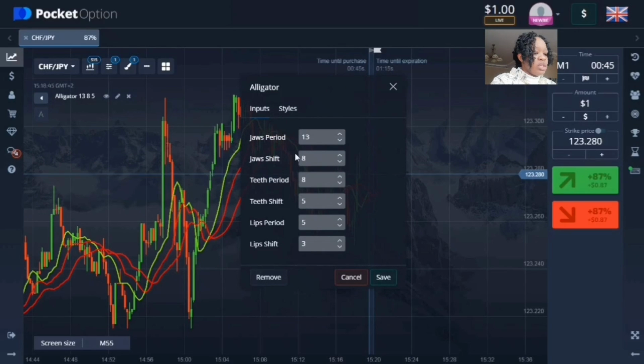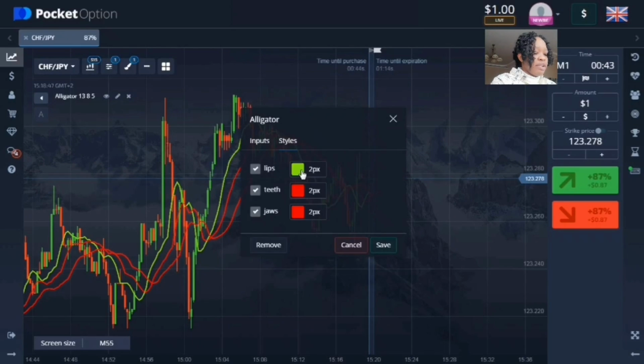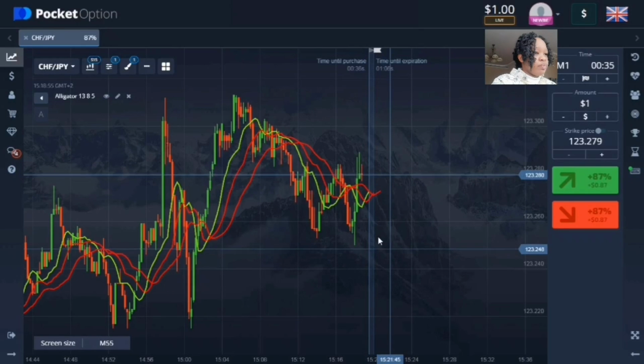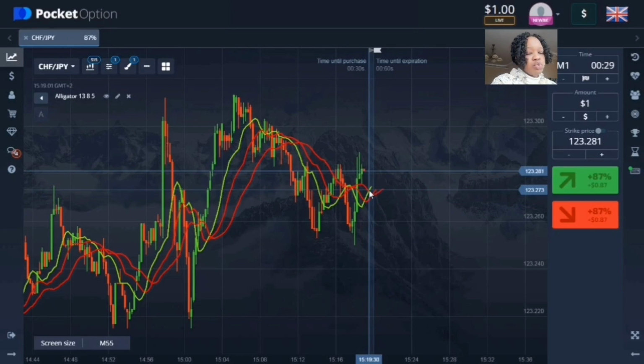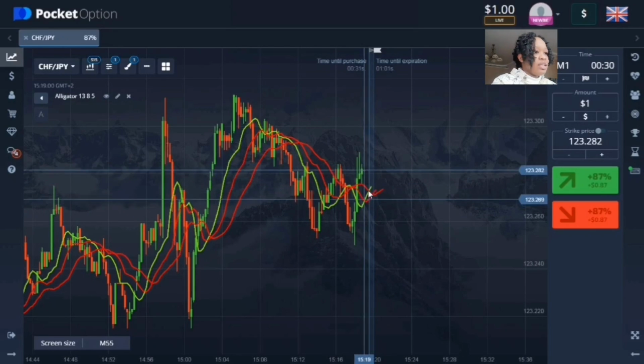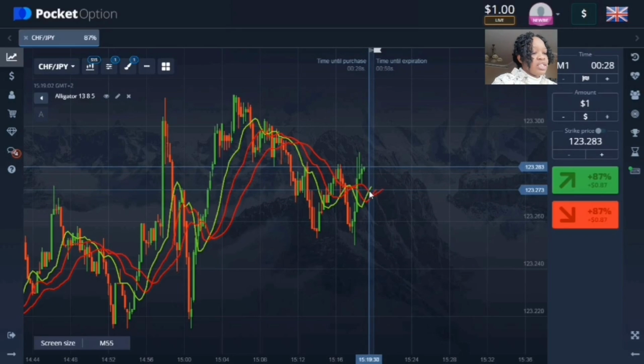You need to leave the inputs as they are by default, but you can change the color of the moving averages. I chose green and red for the two because I want to see the point at which they make a reversal. So it's better to choose different colors, but it's up to you which colors to use. Me, I prefer red and green.